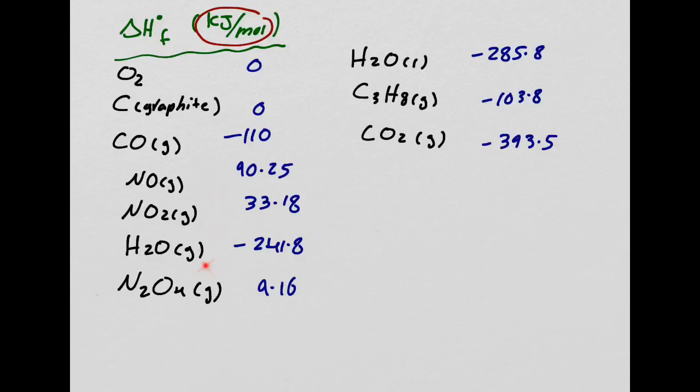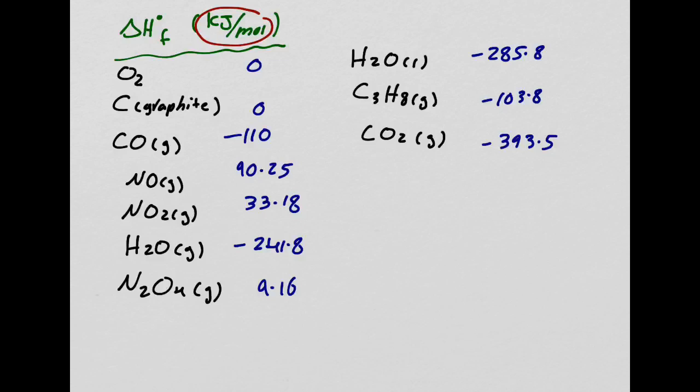Now, if you look at some of these numbers, some of them are minus, some of them are plus. If you remember, we talked about this briefly, that when the reaction is exothermic, it is more favored. Because not only do you not require energy, you end up releasing energy into the surroundings. So the more negative the values are, the more stable it is. It's going to be easier to make and harder to destroy.